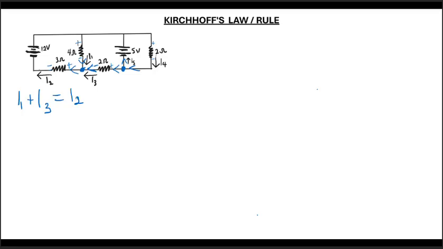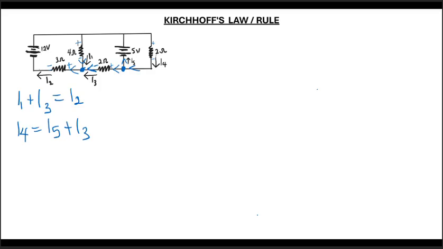That is for the first junction. For the second one, I4 flows inside the junction, but I5 and I3 flow outside of it. Then we can say that we are done with the junction law.